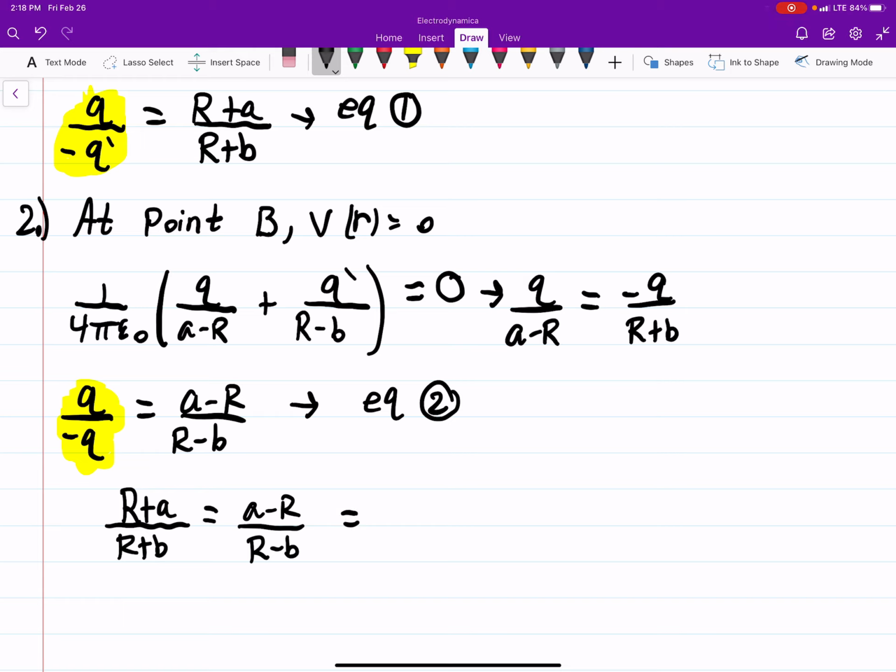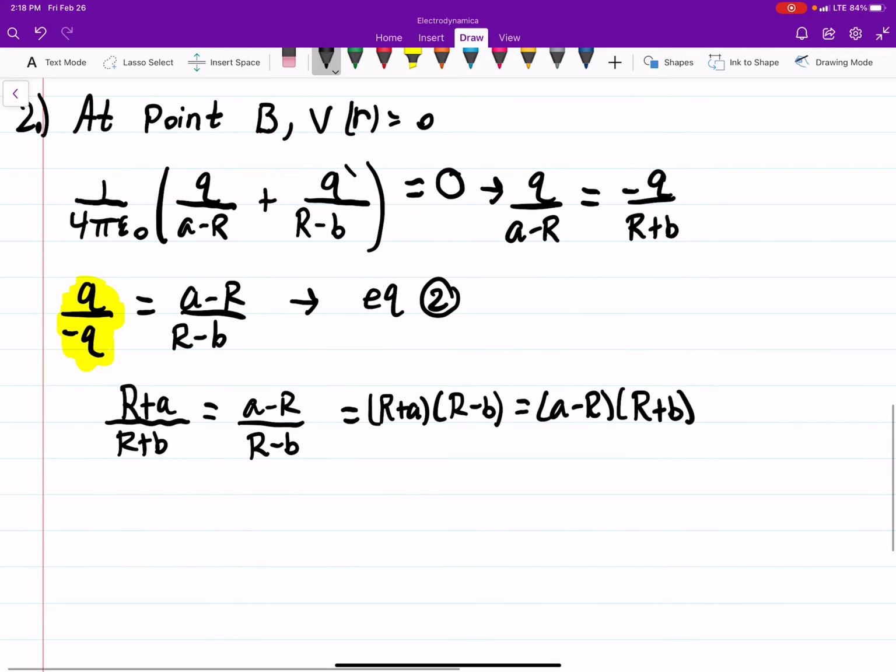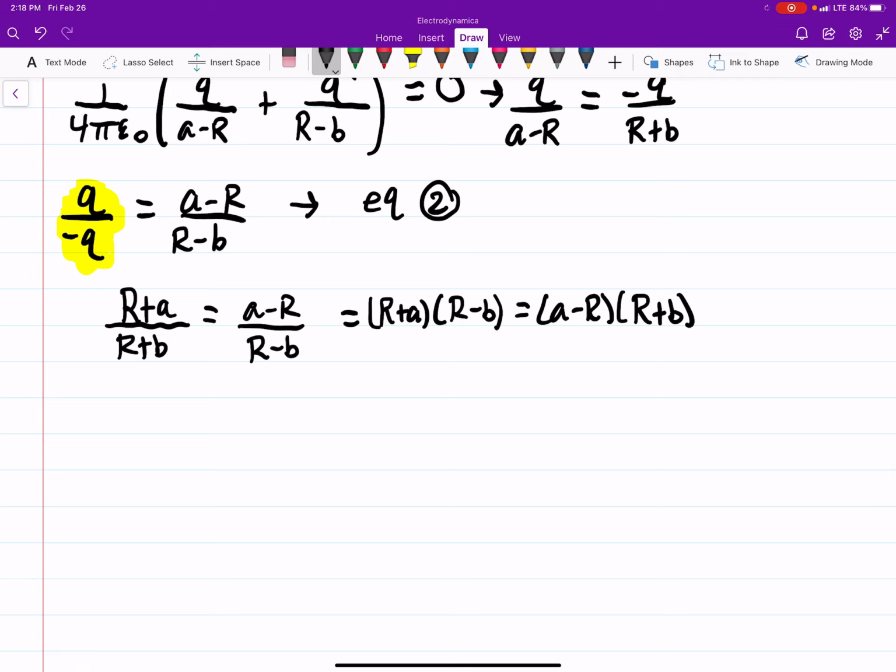Now we can cross multiply and distribute. You'll get R plus A times R minus B is equal to A minus R times R plus B. And now we can distribute. And what do we get? Well, we'll get R squared minus BR plus RA minus AB.